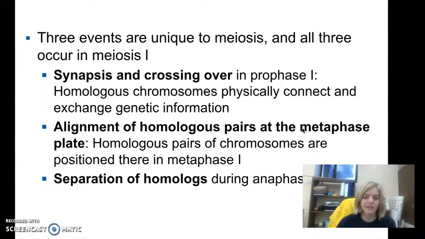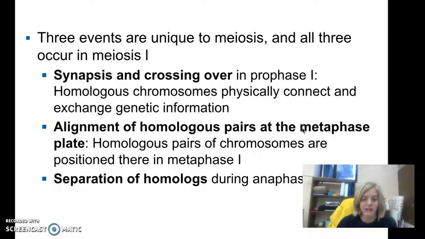There are 3 events that are unique to meiosis, and those 3 events all occur in meiosis 1. So that's why I mentioned meiosis 1 is the most different. Meiosis 2, you'll notice, is very similar to mitosis. So in meiosis 1, we have synapsis and crossing over, which is that part where the homologous chromosomes connect with each other and exchange their genetic information.